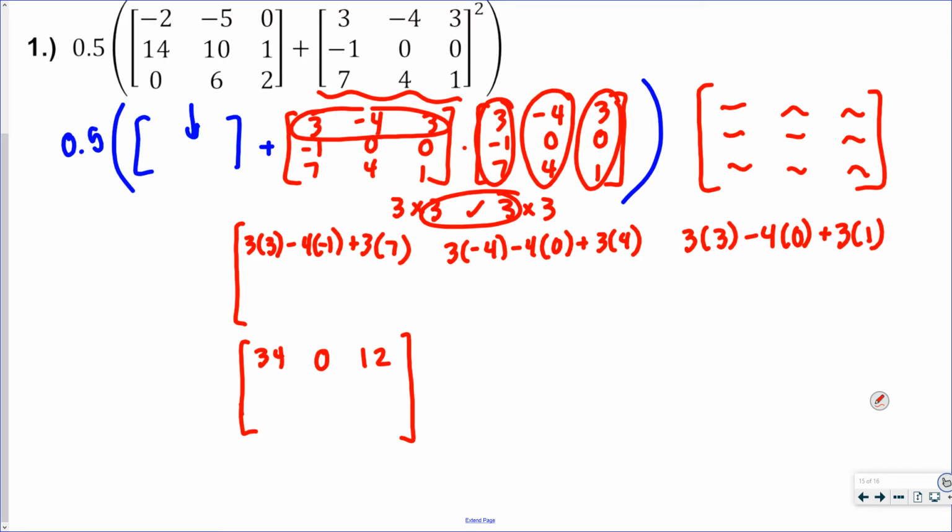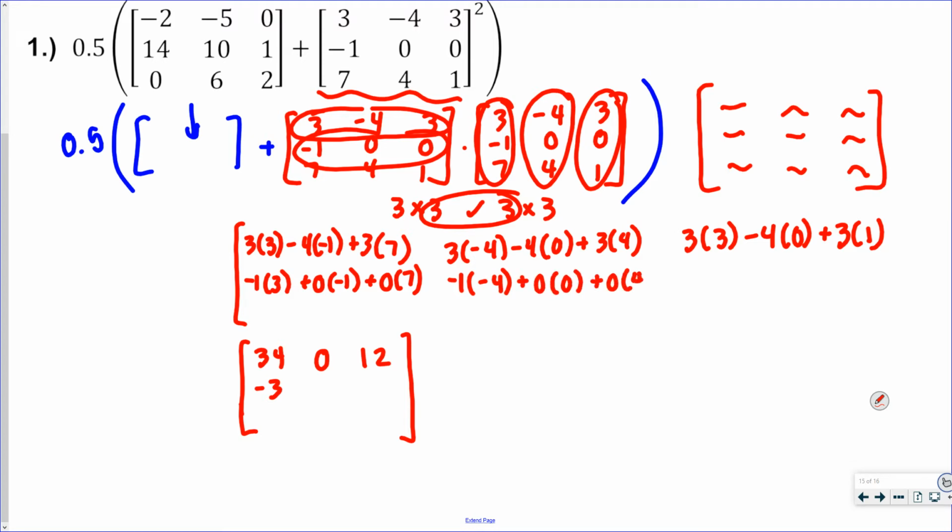Moving on to row 2. Ooh, row 2 is a nice row. Lots of zeros. We like that. Negative 1 times 3 plus 0 times negative 1. So again, when you have zeros like that, if you just want to write plus 0, that's totally fine. So it's just negative 3 in that spot. Negative 1. Now I'm in column 2. 4?